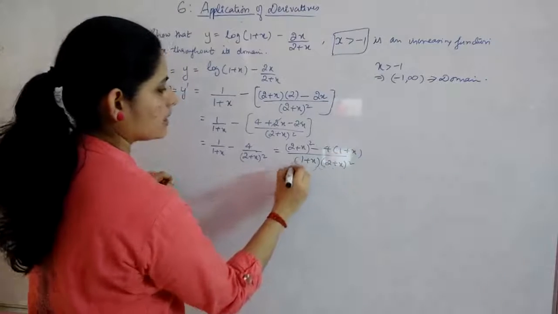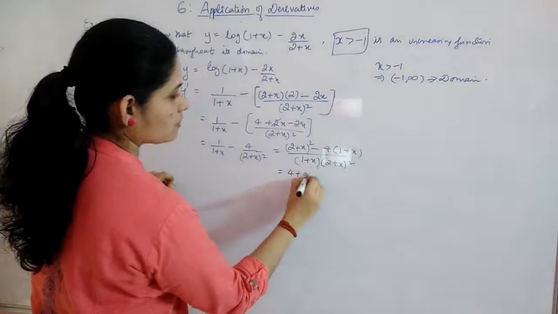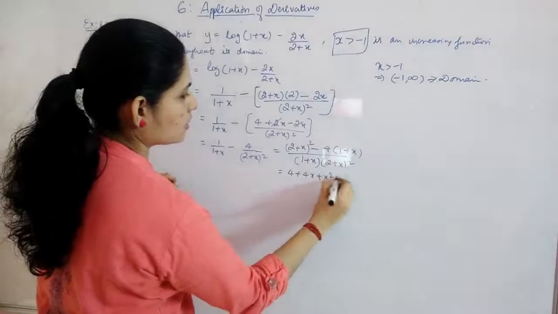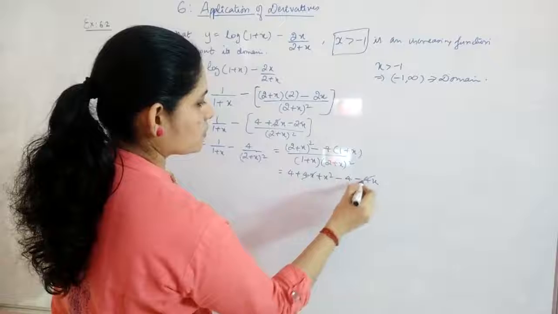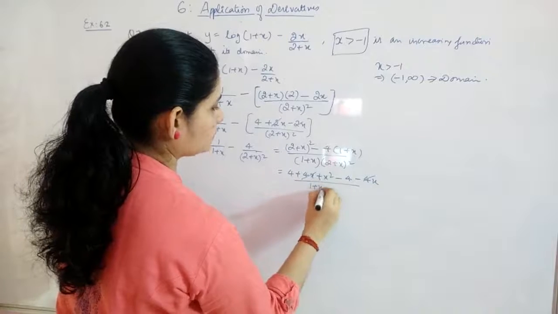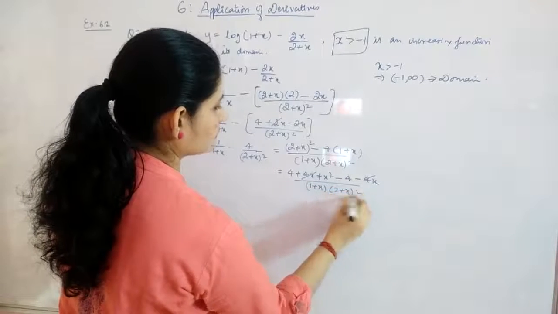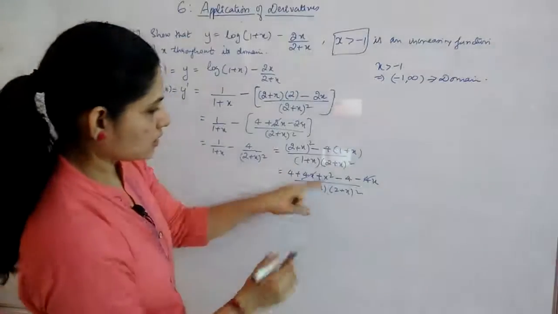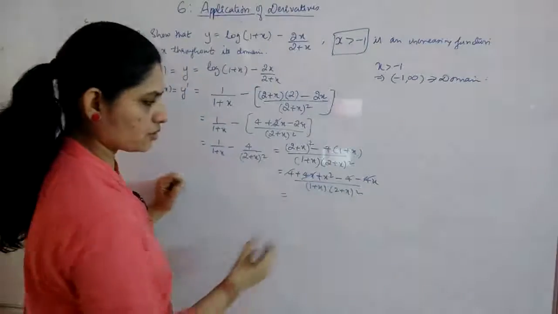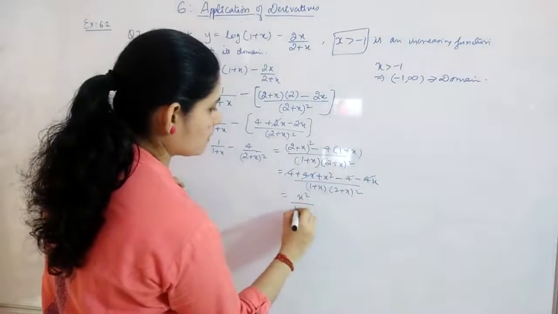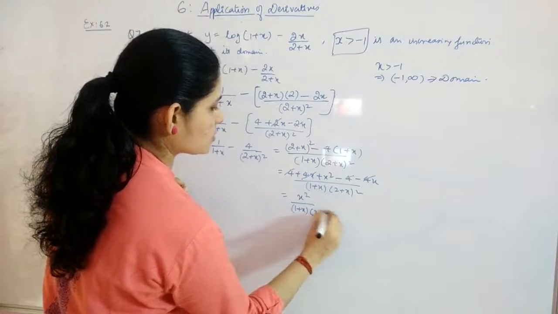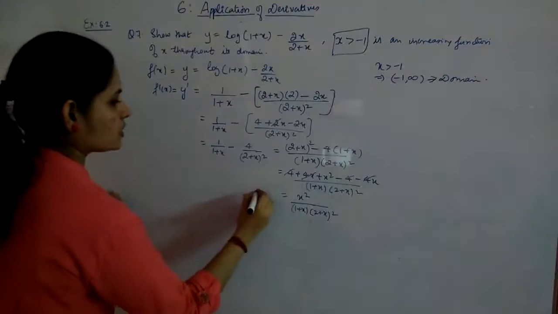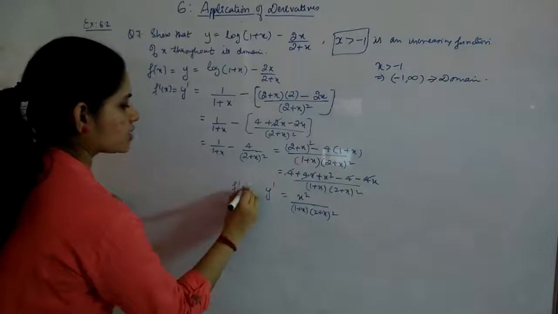Again expanding will give you 4 plus 4x plus x square minus 4 minus 4x. So 4x and minus 4x get cancelled, and 4 and minus 4 will also go. This is x square by 1 plus x into 2 plus x the whole square. So this is your y dash or f dash of x.